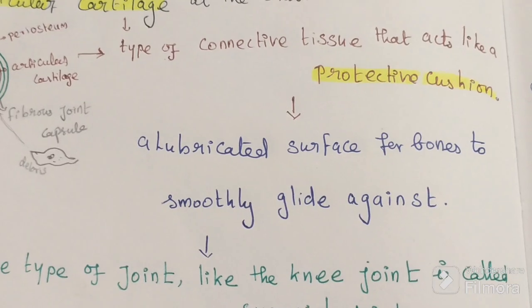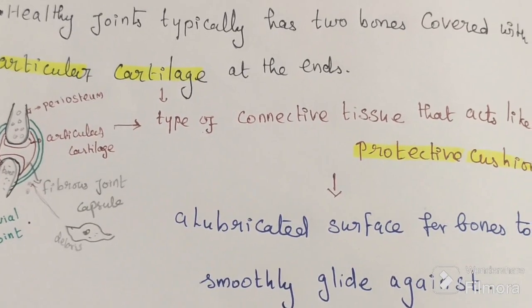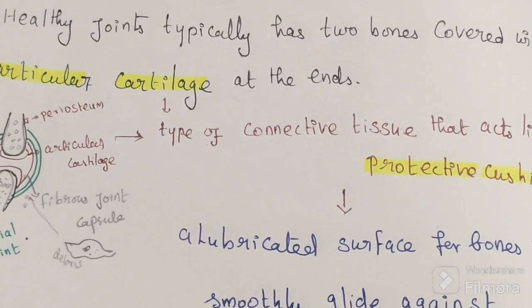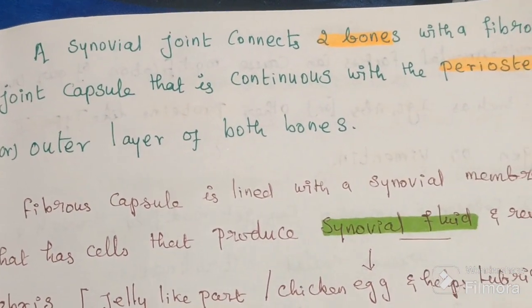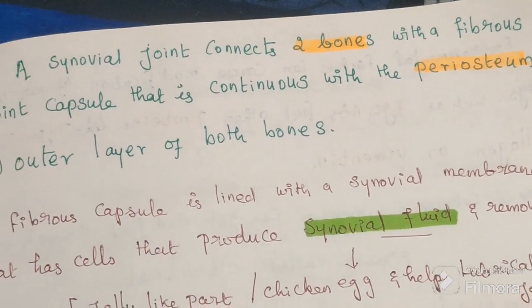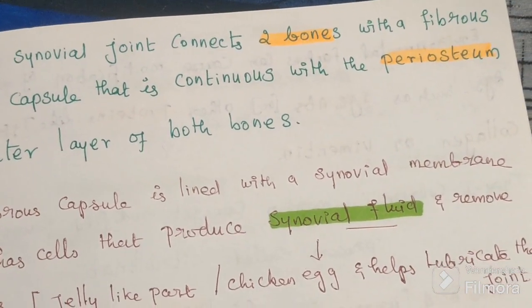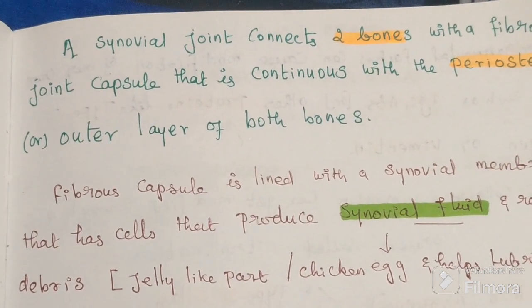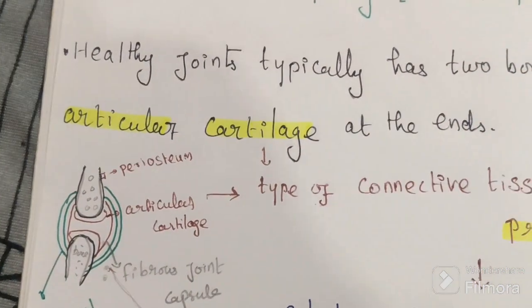A synovial joint connects two bones with a fibrous joint capsule that is continuous with the periosteum, the outer layer of both bones.